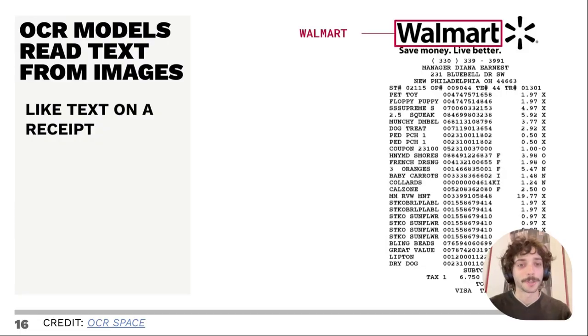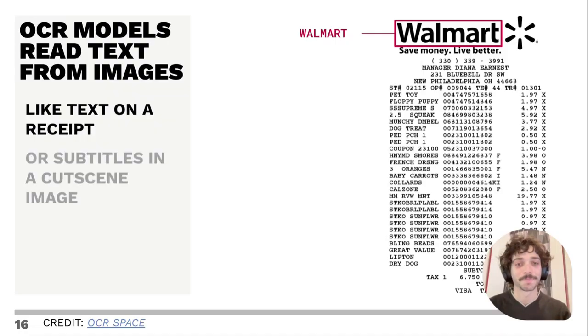Well, we can find out that the receipt is from Walmart and store that. Might be interesting. We can equally apply OCR to any type of image with text. So some people use this for identifying road signs in driverless cars, and we apply this to extracting subtitles in cutscene images.